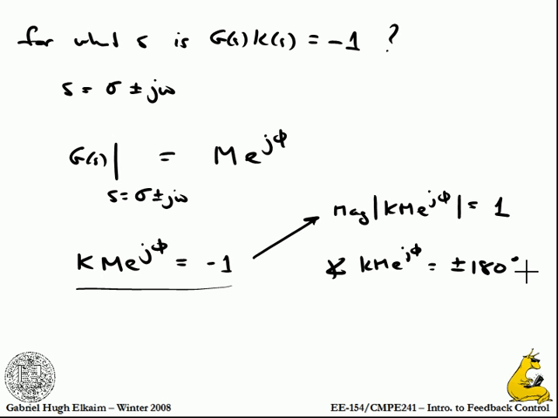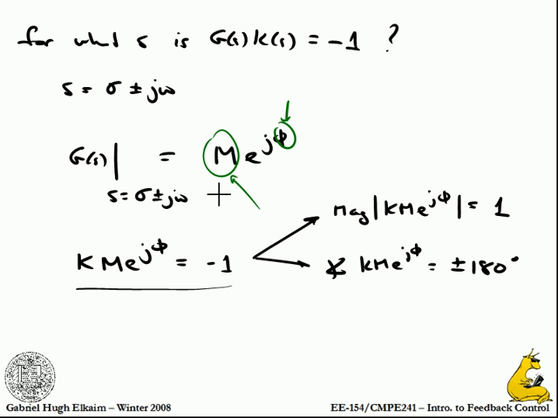Okay. So this is a big deal. Now, the phase is only a function of the angle, and the magnitude is only a function of the scalar outside. Okay.